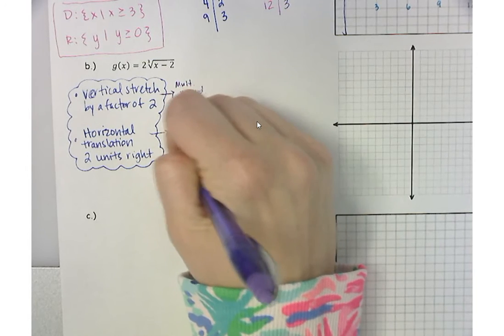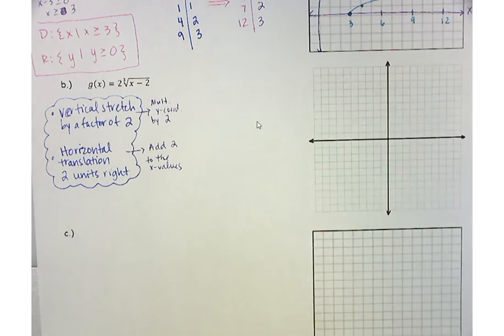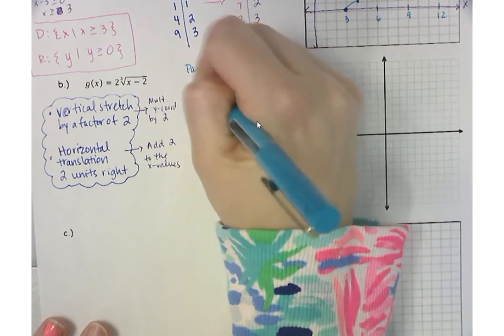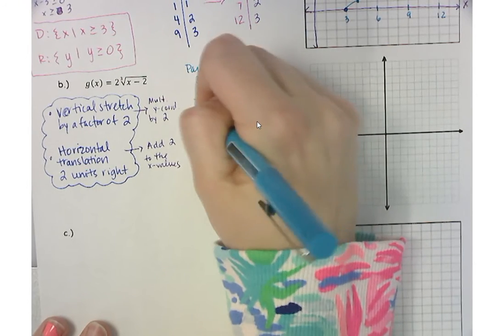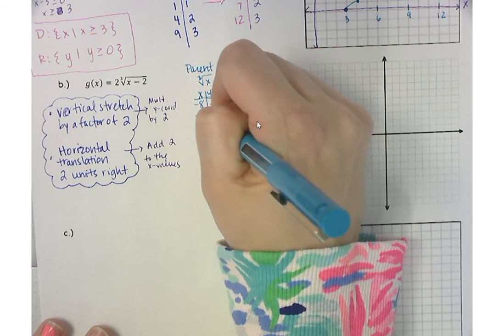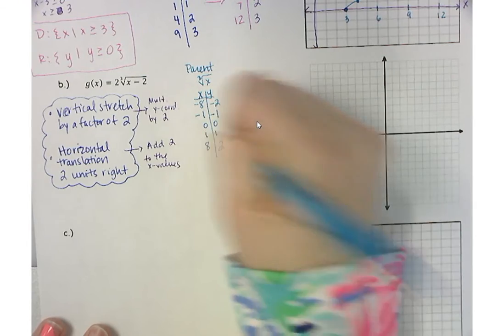So -8 plus 2 would be -6. -1 plus 2 would be what? 1. Okay, 0 plus 2, 2, 1 plus 2, 3, 8 plus 2, 10. And now we can find all of the y coordinates just by multiplying them by 2.